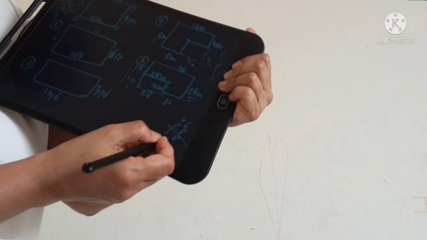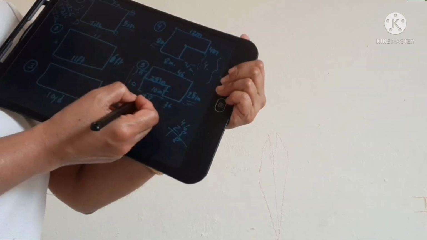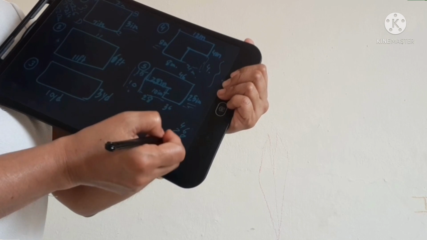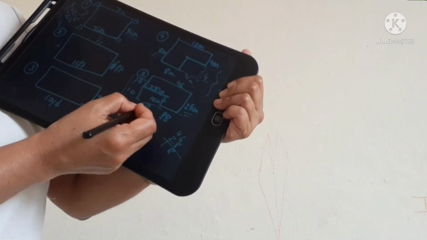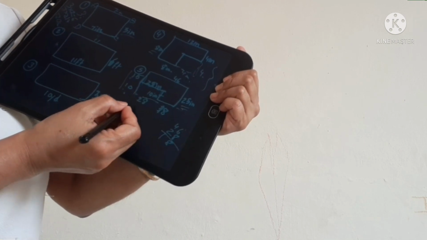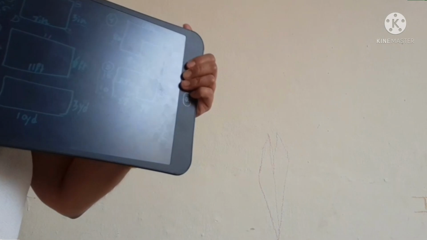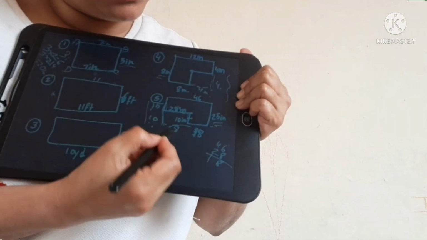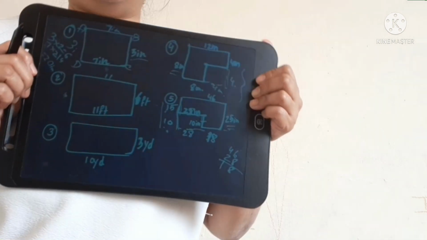Then 28 plus 18 is 46, right? So if this is 28, this should be 18. That means I can write like that: 46 plus 25 plus 18 plus 28 plus 10 plus 15. Like this also we can do. Otherwise, this is 46, this is 25, this is 25.